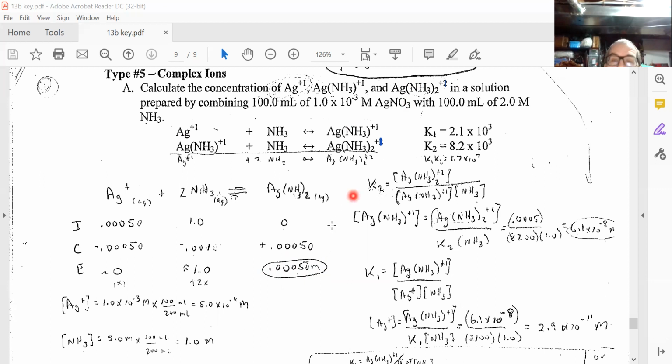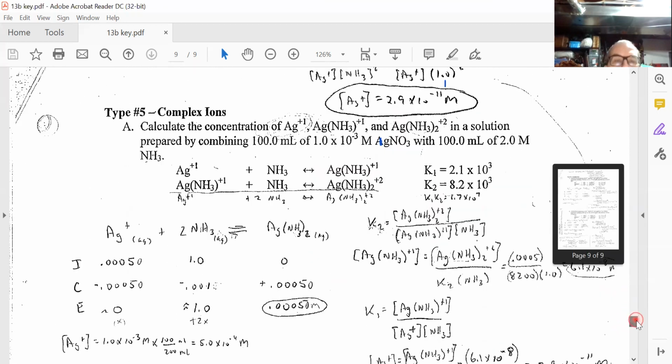The book will go through ways of looking at the K2 and the K1 to find this. I think it's a long way to do that. So I'm going to go right to the shortcut method, which is a little bit different than section 16.3 in your book.